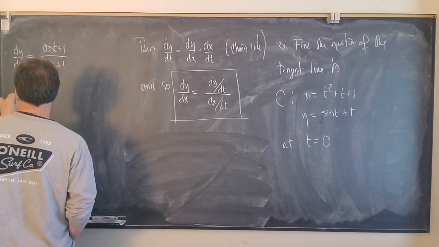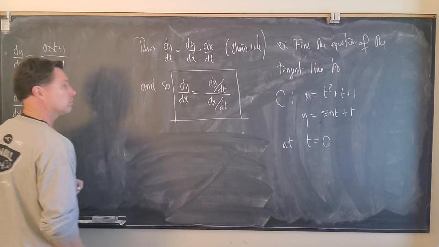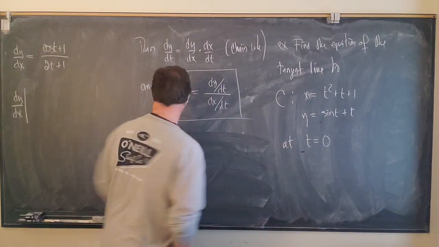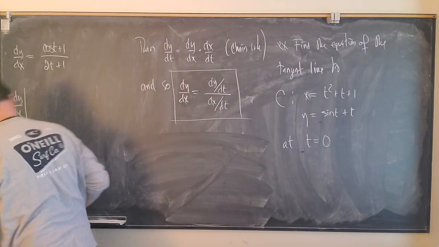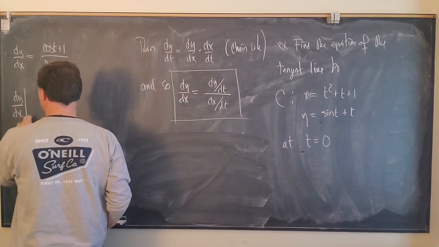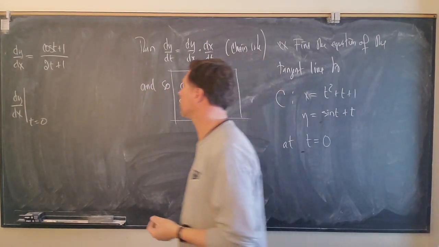Now, we want the derivative when t equals 0. This is the notation dy/dx at t equals 0, which means plug t equals 0 into the formula.